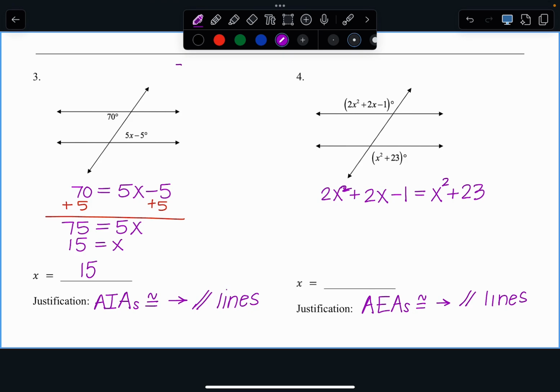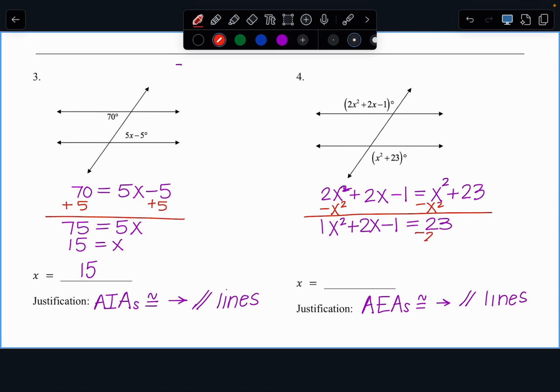When we have exponents to the second, we want to get everything on one side. So here we'll subtract x squared. We get 1x squared plus 2x minus 1 equals 23.